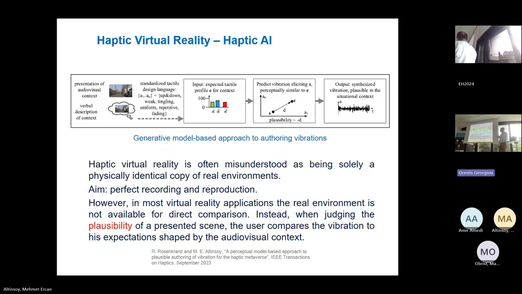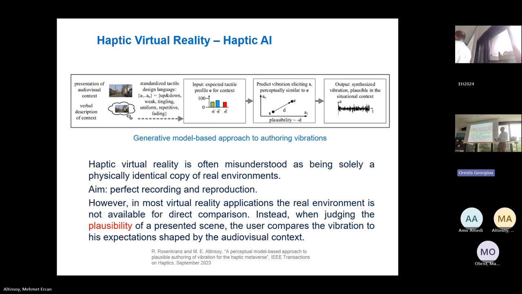And the main idea is that we always think, as haptic researchers, we should record haptic events in the best possible physical way and reproduce them in the best way in the physical domain. But this is also an important question. What is realism? What is virtual reality? What is realism?